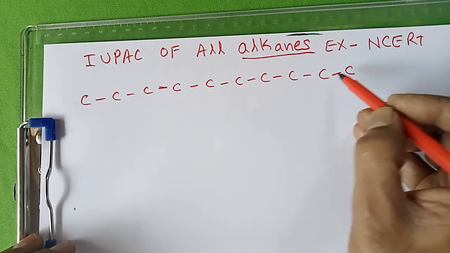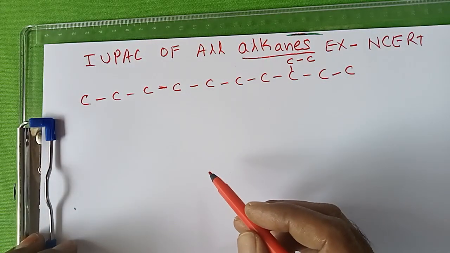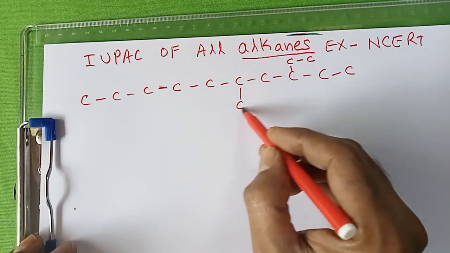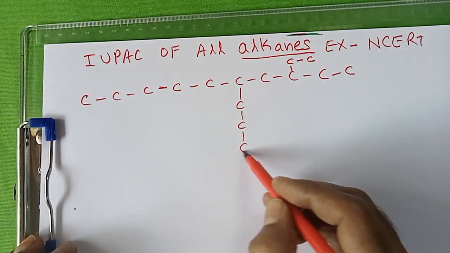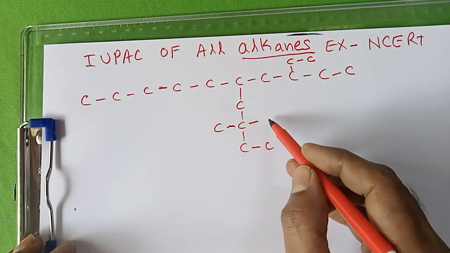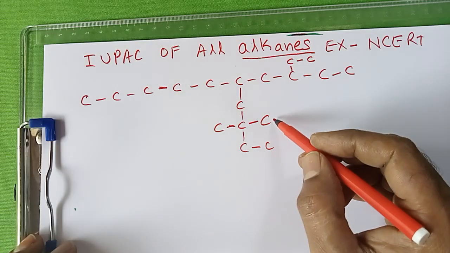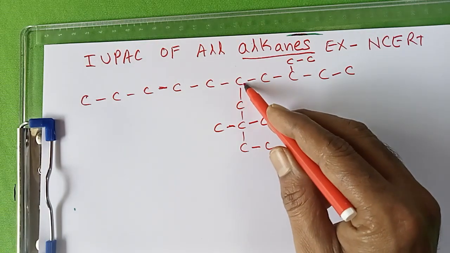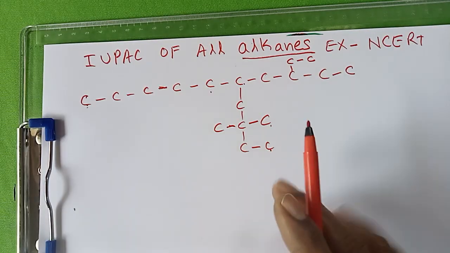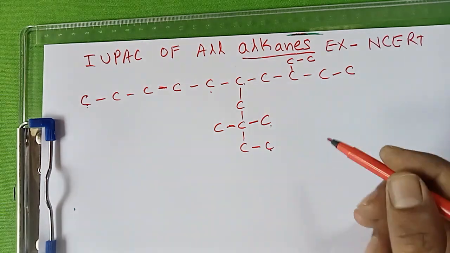And here 1, 2, 3, 4, 1, 2, 3. Again C and C. Now you know the number of hydrogens. Here 1 hydrogen, 2 hydrogens, here 3 hydrogens, 3 hydrogens, because carbon valency is 4 bonds.